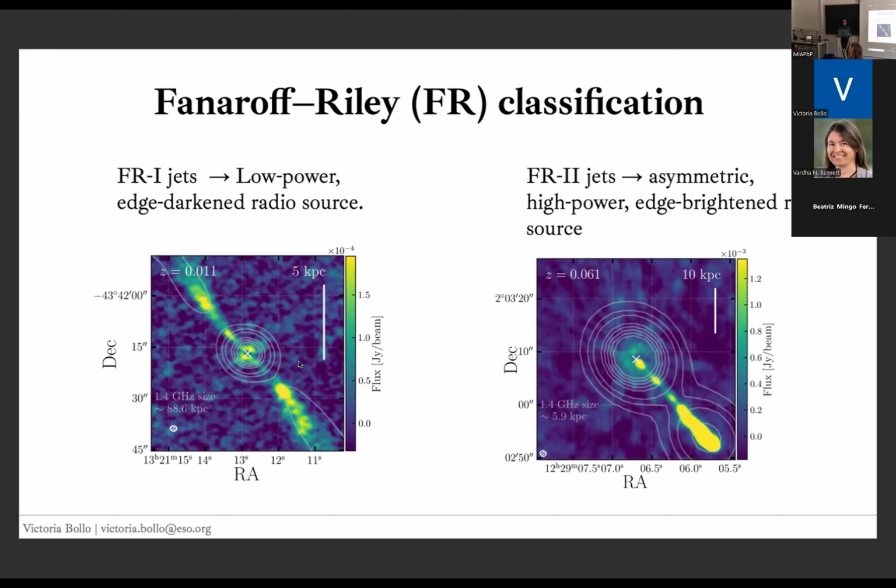FR1 jets are usually low luminosity, and compared to them, FR2 jets are usually brighter. They are also asymmetric, they have high power, and they are edge-brightened radio sources, so it seems that this outer part of the AGN is brighter than the center itself. Just keep in mind these two classifications because I will mention them at the end.